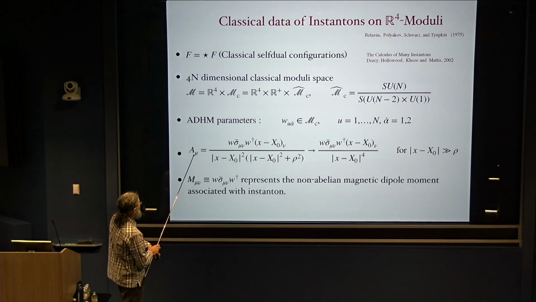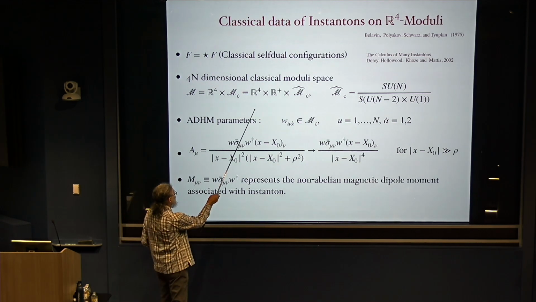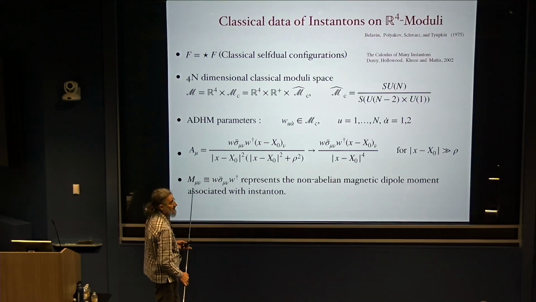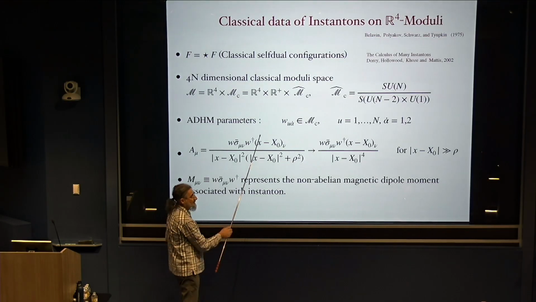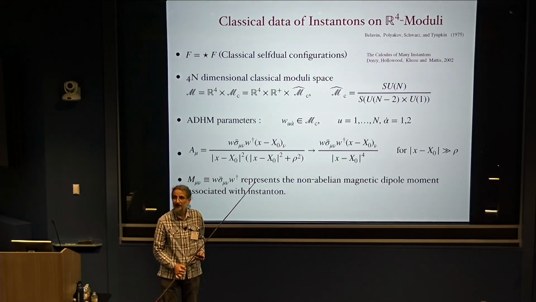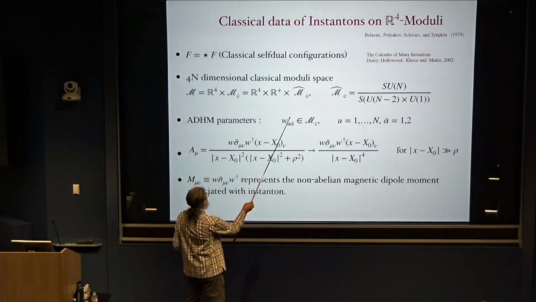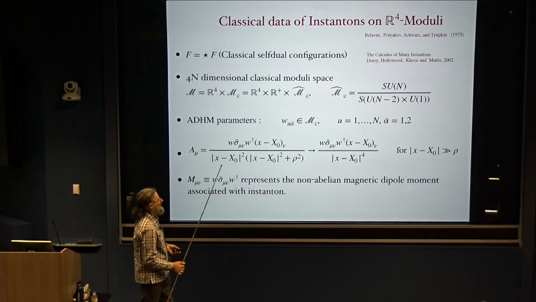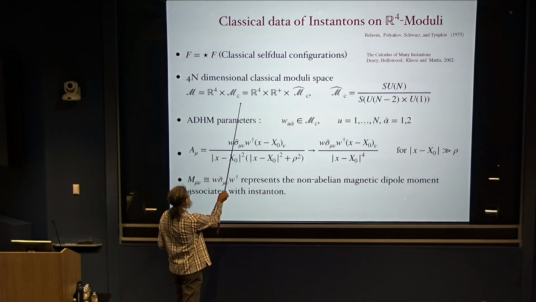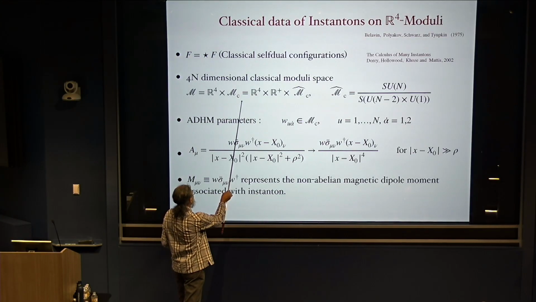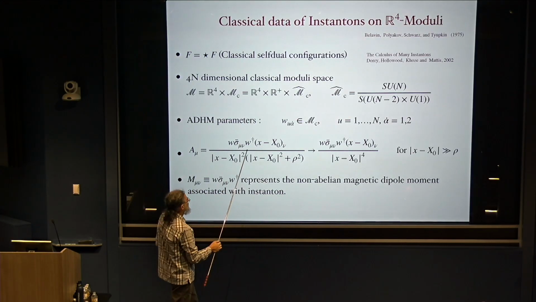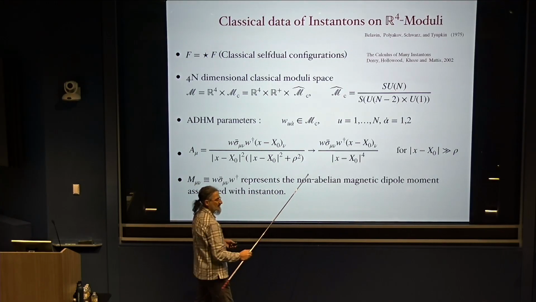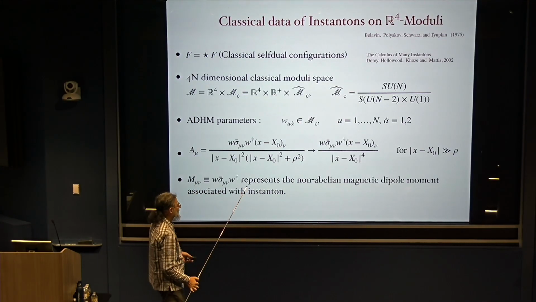You can decompose it as R4, which is the center of the instanton, and R plus is called size moduli, and this MC is centered moduli. MC is 4n minus 4 dimensional, and MC hat is this coset essentially. It's related to global gauge orientations.